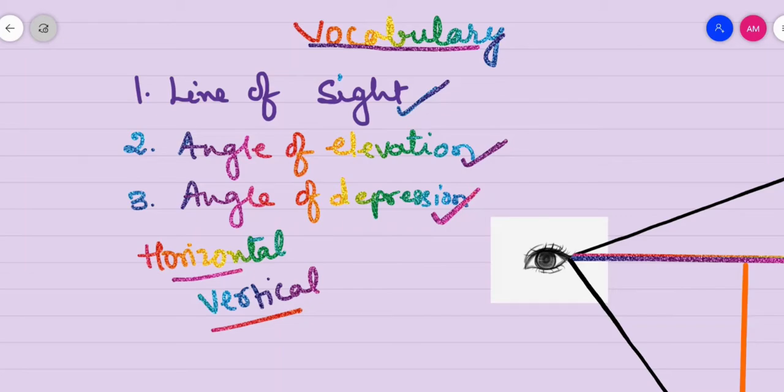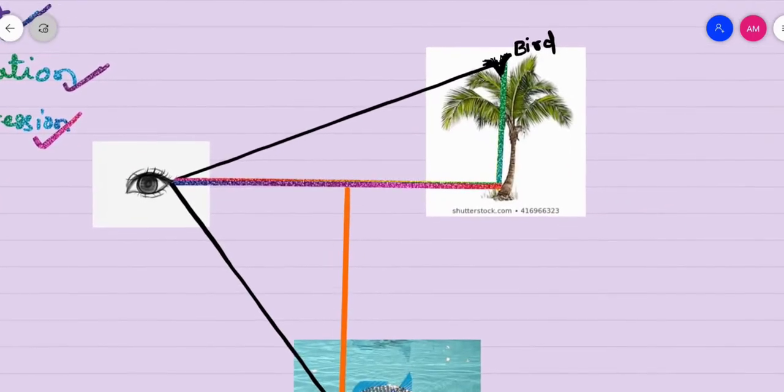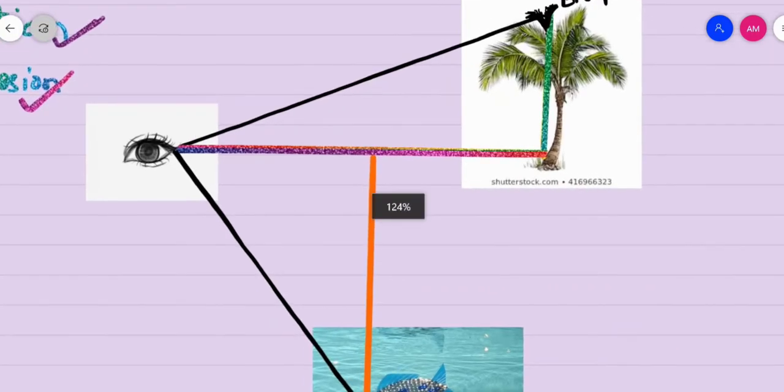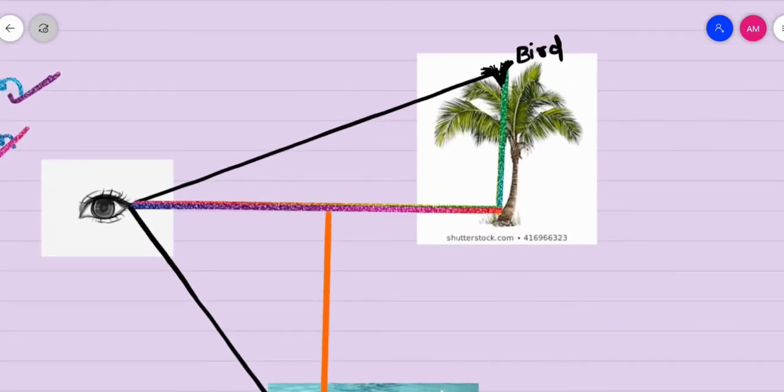Now see, I am going to show you one situation. Suppose you are at this position and you are looking at a bird. This is the bird on the top of a coconut tree and you are looking at that bird. Now this is the line of sight, which goes from your eye to the bird.